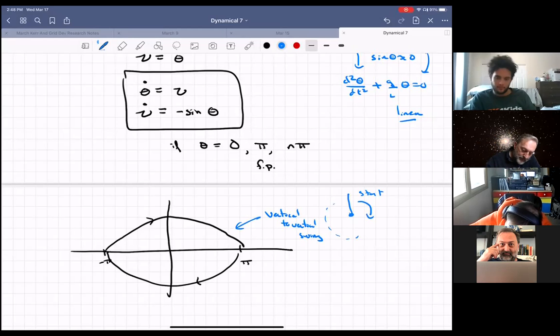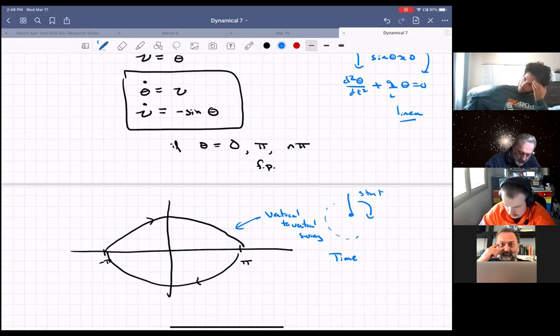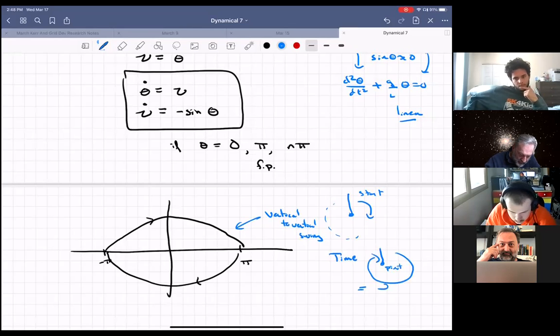And the time to go from here, here's the pivot, all the way around is actually infinity. So if you start at this point and you follow this trajectory, you get to this point over here, but you don't keep going.